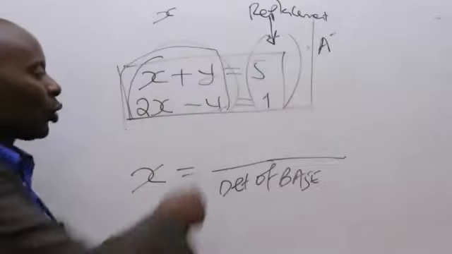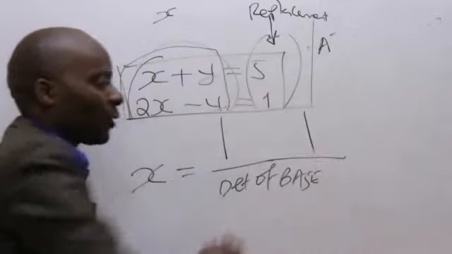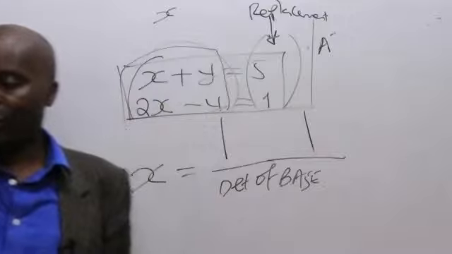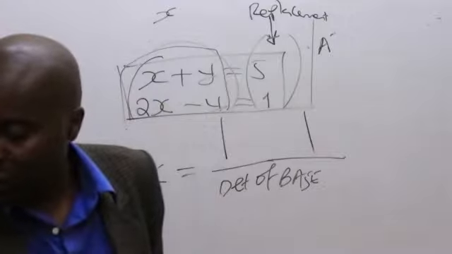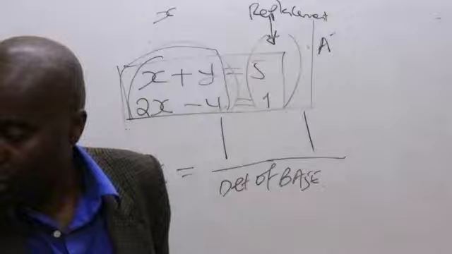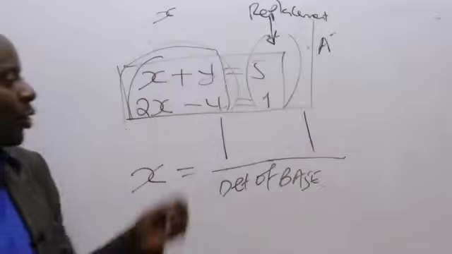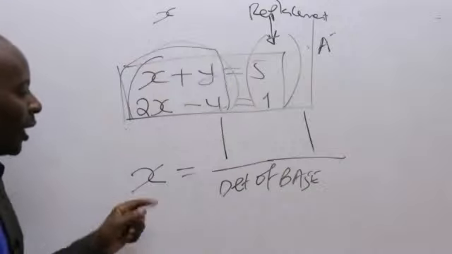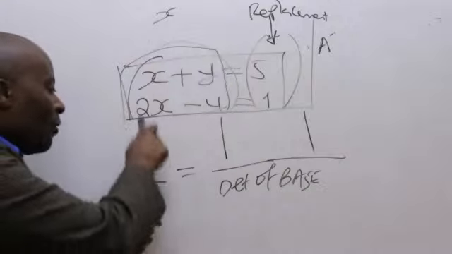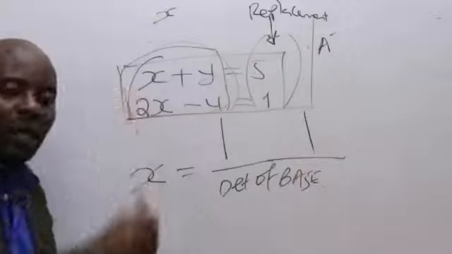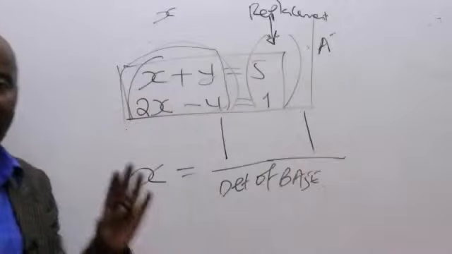How do I construct my numerator matrix? To construct my numerator matrix, ladies and gentlemen, understand this: if I'm after x, the column of x must disappear.